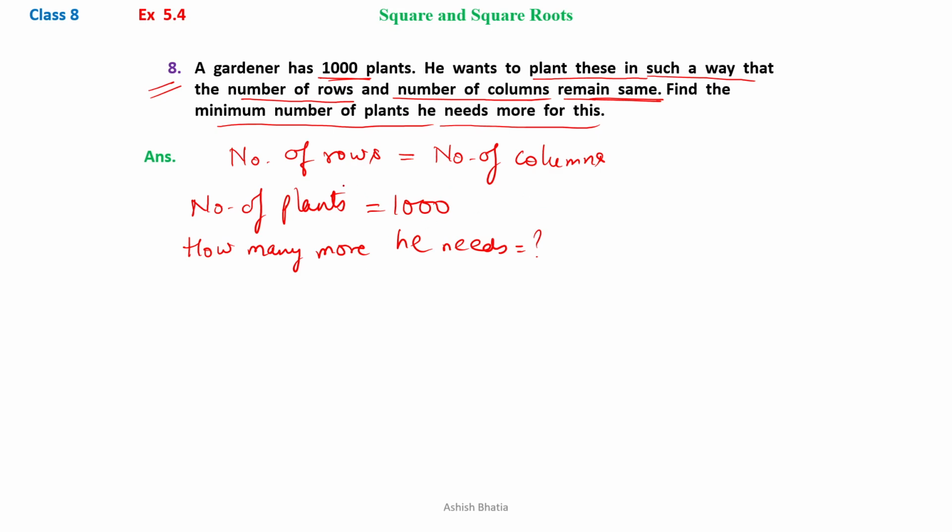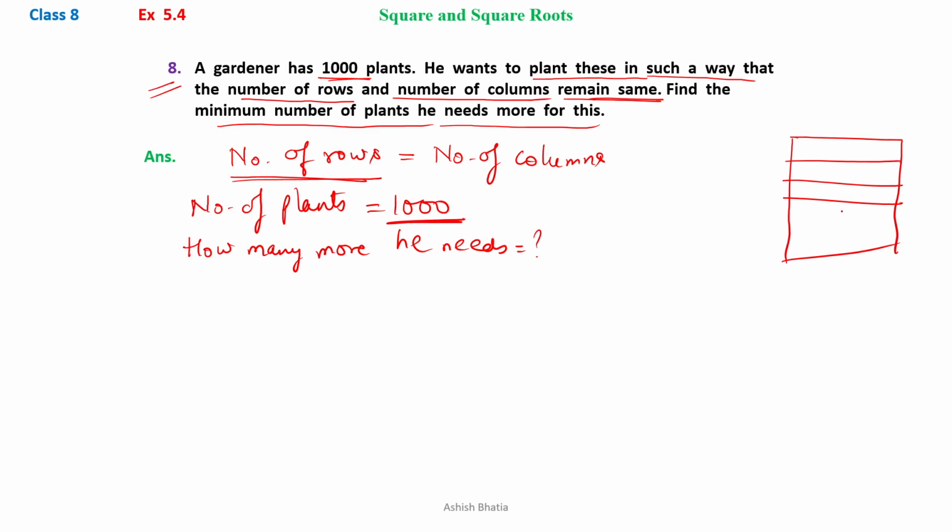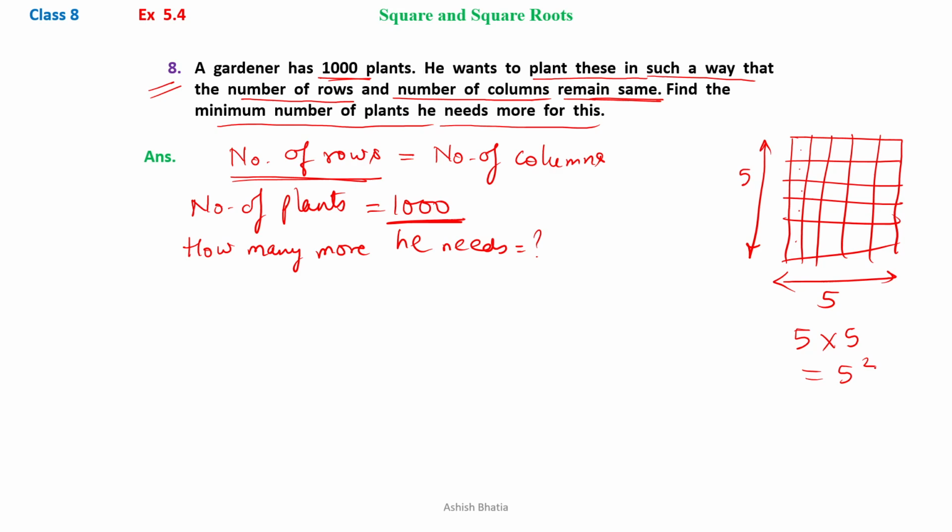Now we see here that he needs to plant the trees in such a way that number of rows and number of columns remain equal. Let us say there are 5 rows, 1, 2, 3, 4, 5 rows, so there are 5 columns. So the total number of plants would be 5 into 5, that is 5 square.